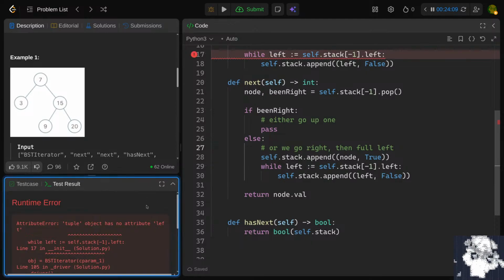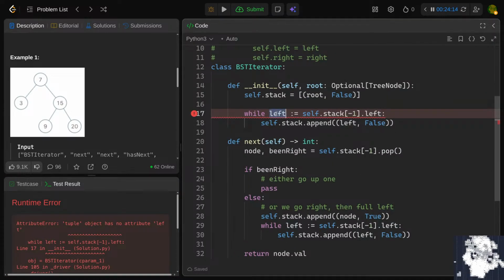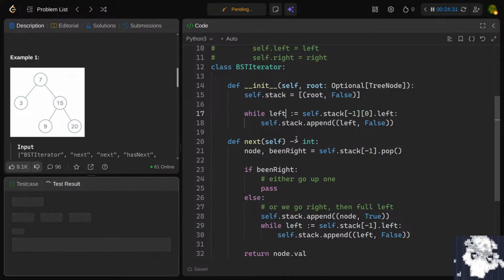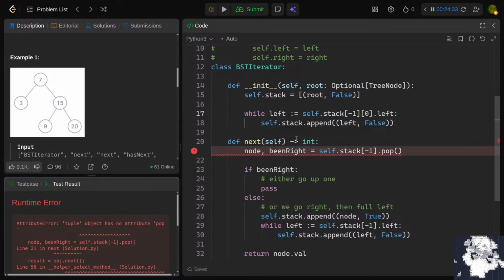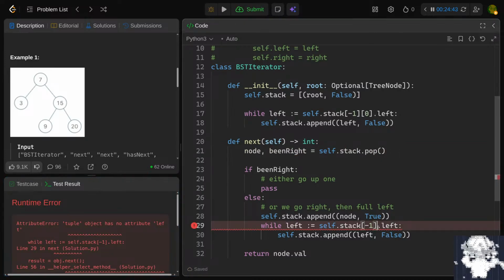Okay. Yeah, this is the 0th thing. Yes, because I just want to pop from the stack. This is the 0th.